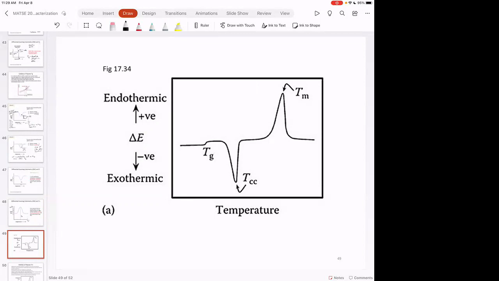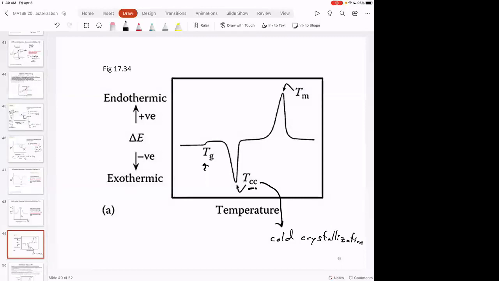And so there is a TG somewhere. This is labeled TCC, and that stands for cold crystallization. TC and TCC are the same thing, but one's happening under conditions where you've already made some crystals.